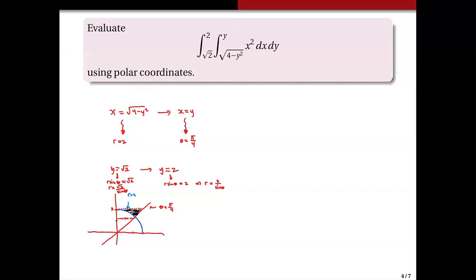And of course, your theta still runs from pi over 4 until pi over 2, because this part here going to that part. Now, take note that this guy here, we will not need it. Why? Because if you look at the region, let's say this guy here, this is your r value.